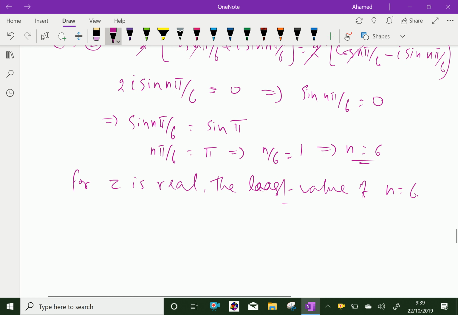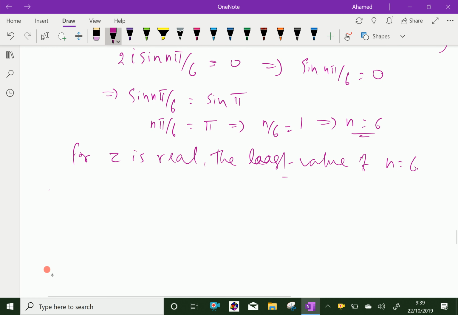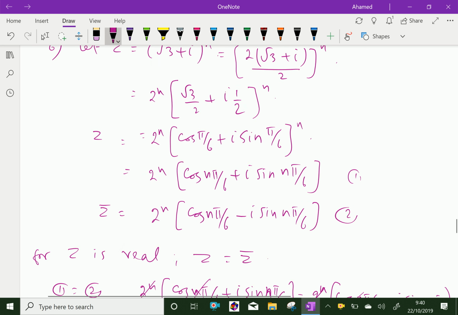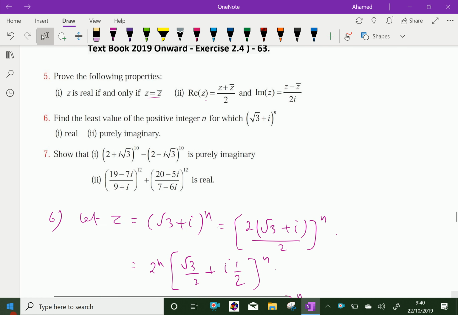Now the second part we'll do: find the least value of positive integer n of (√3 + i)^n for purely imaginary.